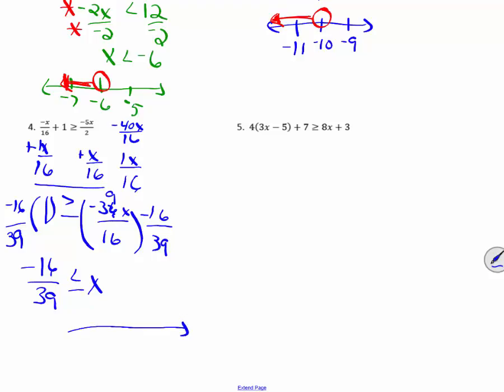So on a number line, excuse me, we have negative 16 over 39, negative 15 over 39, negative 17 over 39. This time I need a closed circle. x has to be bigger than that, which means we're going to the right.